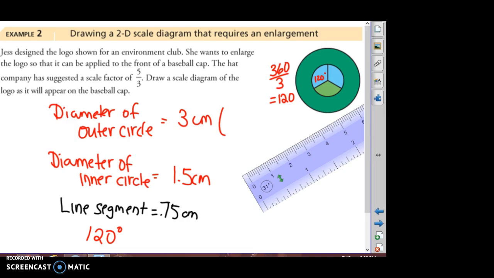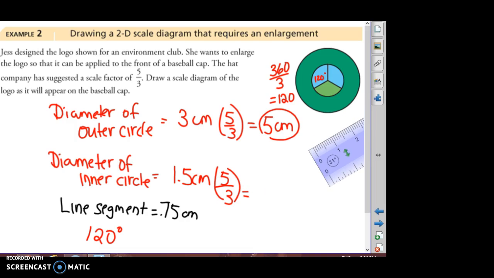If we take all of these and multiply them by 5/3, this one should be 5 centimeters, because 3 times 5 is 15, divided by 3 is 5. 1.5 times 5 divided by 3 will get us 2.5 centimeters.